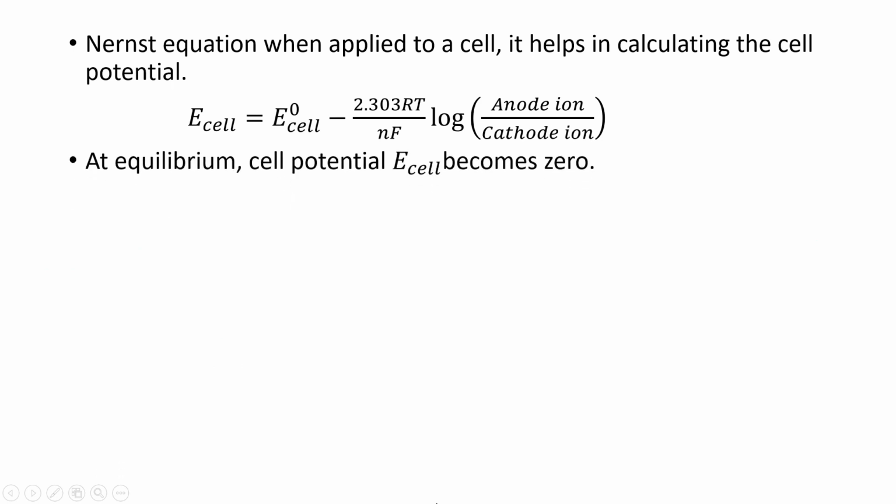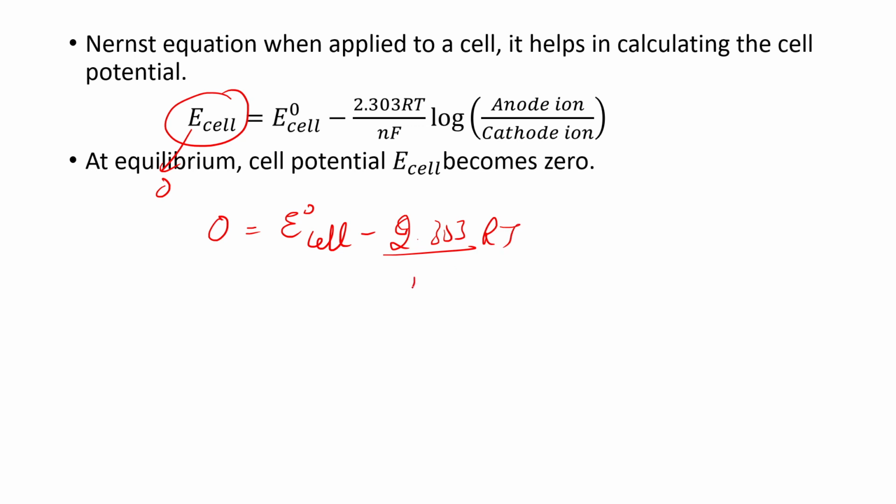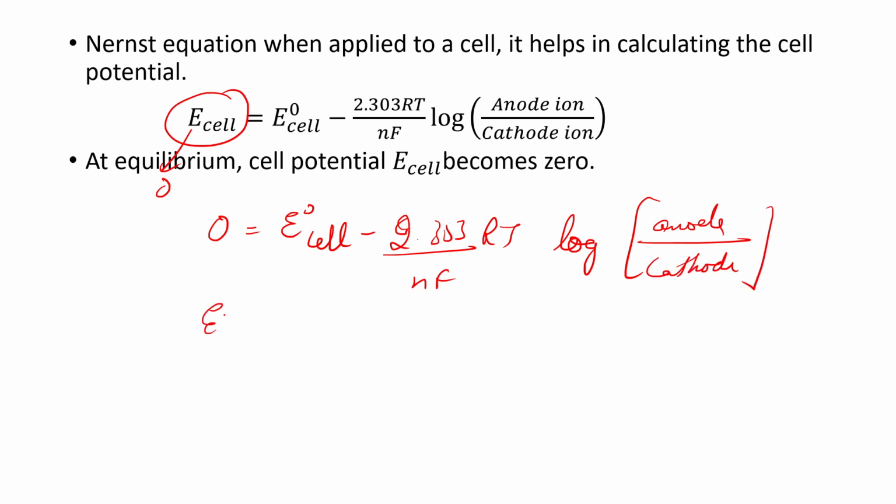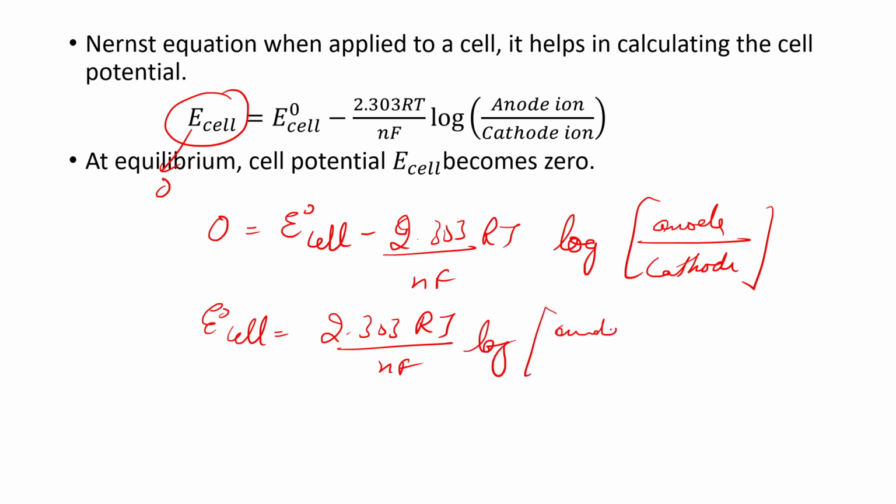At equilibrium, the E cell will become 0, and you will be left with 0 is equal to E naught cell minus 2.303 RT by NF log of anode ion over cathode ion. So E naught cell is equal to 2.303 RT by NF log anode over cathode.